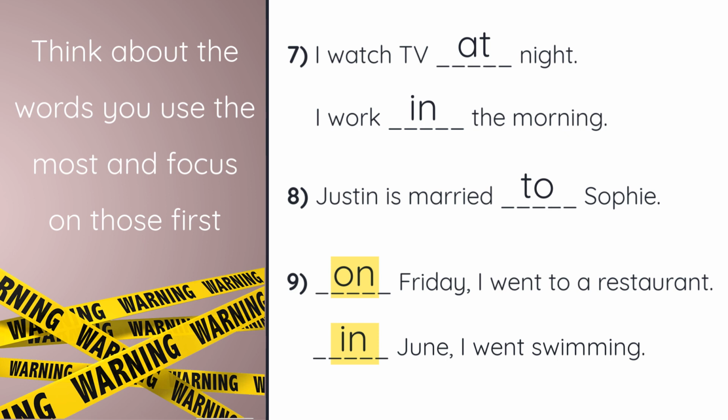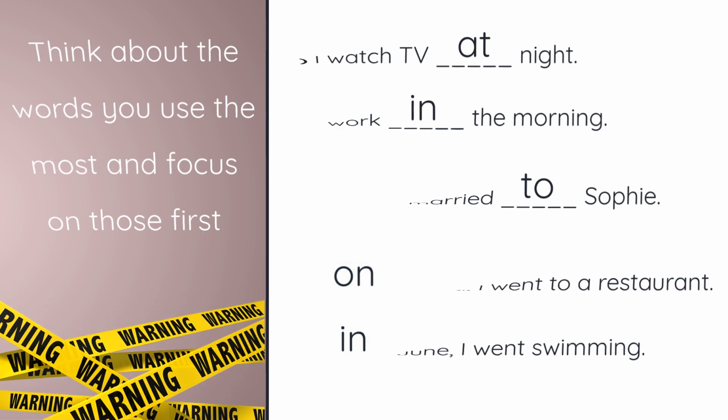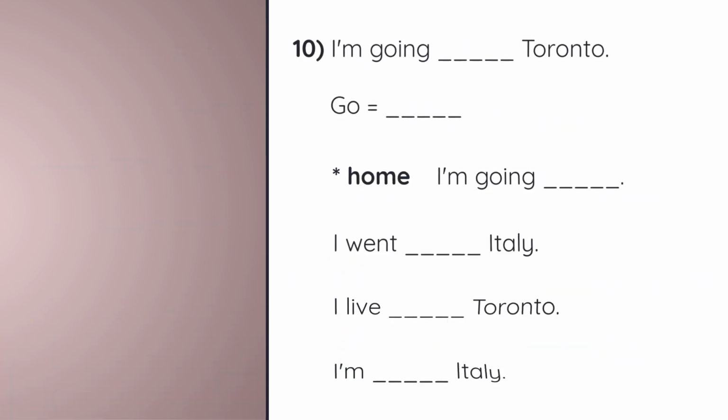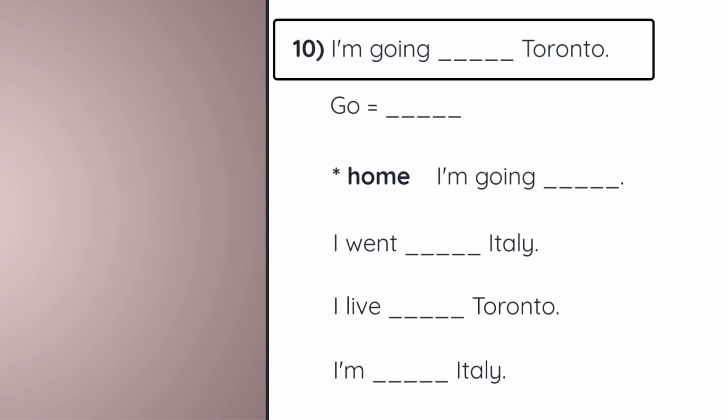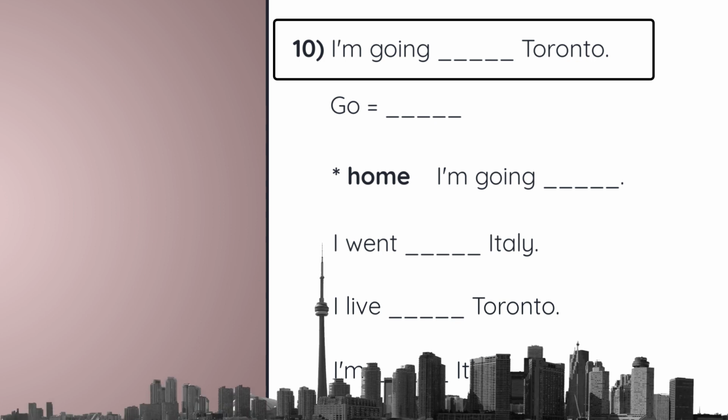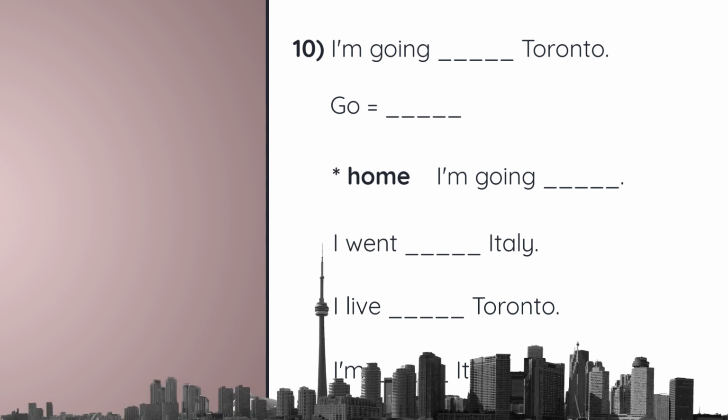So let's look at my final example of a common mistake people make with prepositions. That is when we are talking about cities or countries. If I say something like, I'm going Toronto, there needs to be a preposition after go. What preposition should I use?